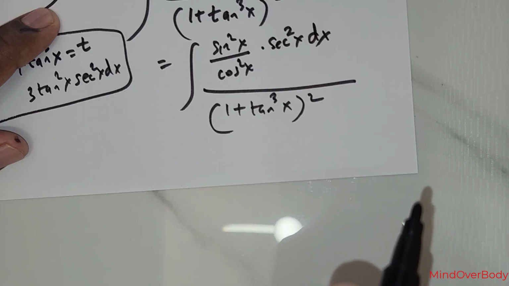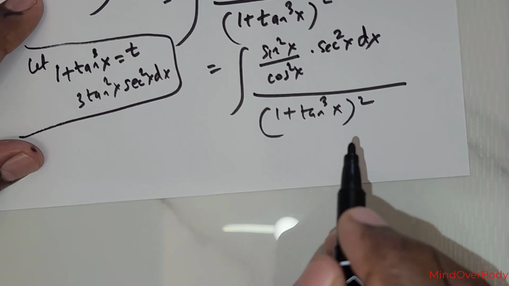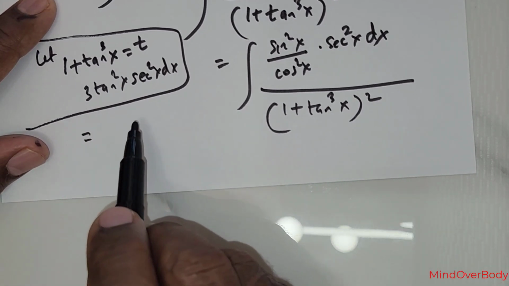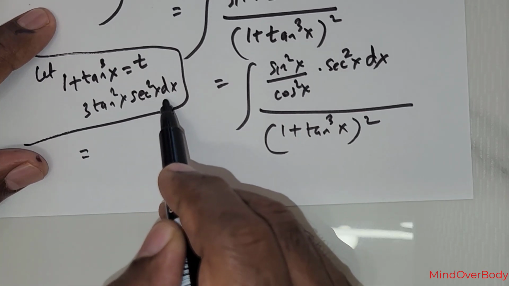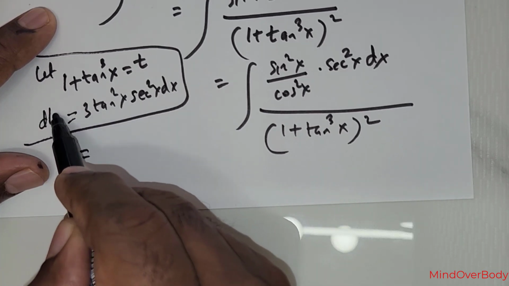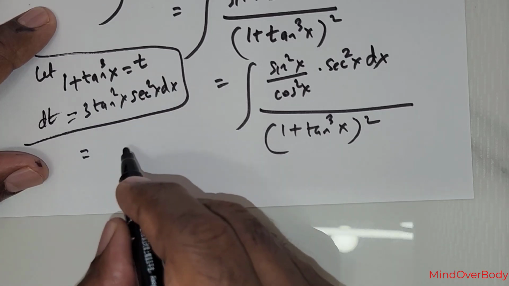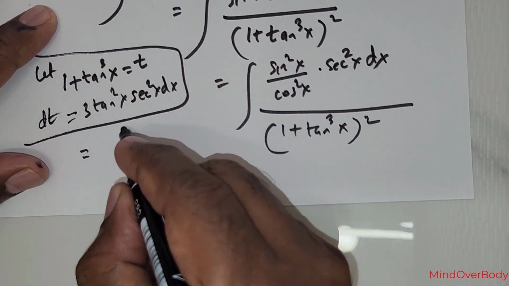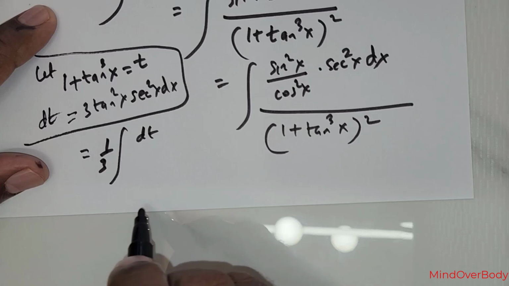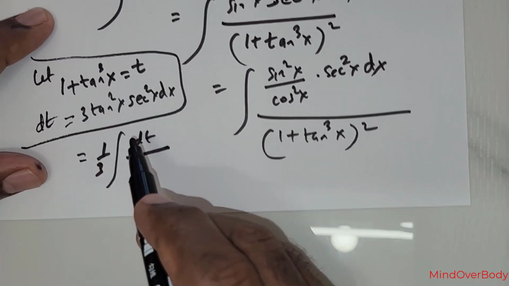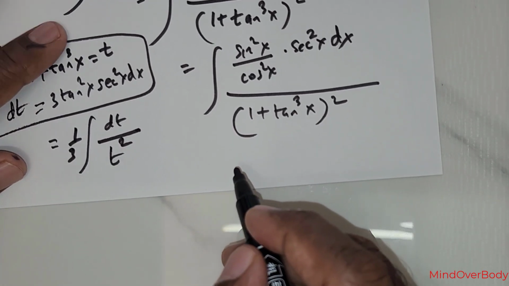Okay, fair enough. Now if I have the substitution over here, 3 times tan squared x times secant squared x times dx is going to be equal to my dt. So this can be rewritten as dt over 3, so 1 over 3 comes over here, and 1 plus tan cubed x is going to be t, raised to the power of 2, you get the 2 there.